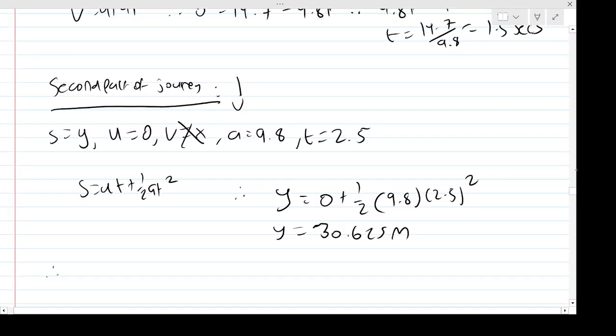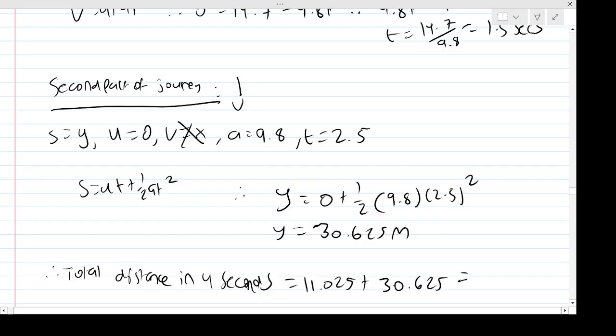So total distance in 4 seconds is going to be 11.025 add 30.625 to get me 41.65 meters. And there we are.